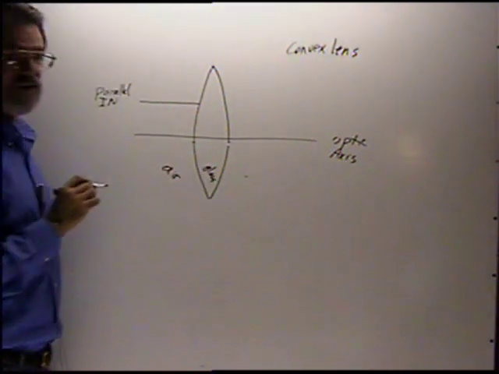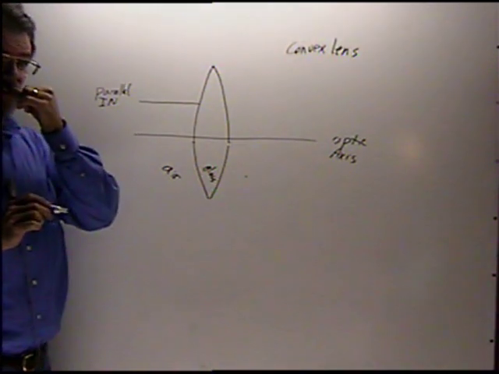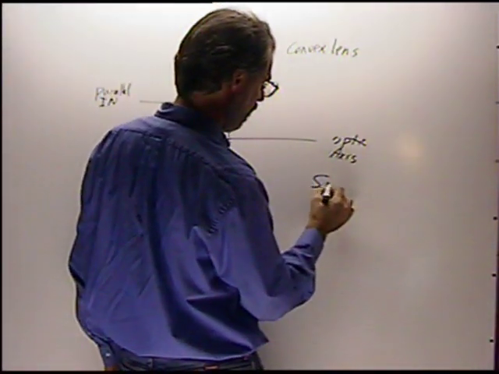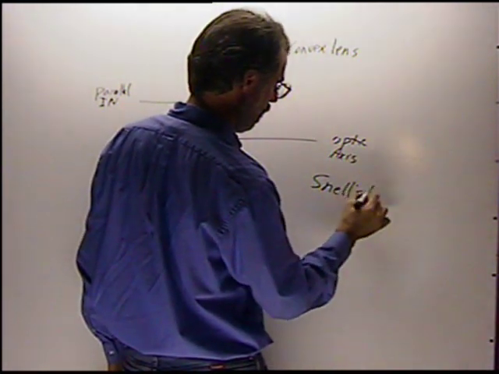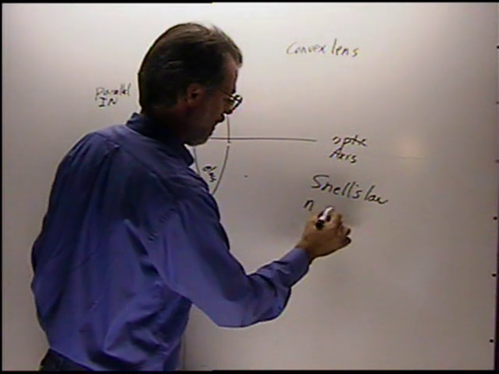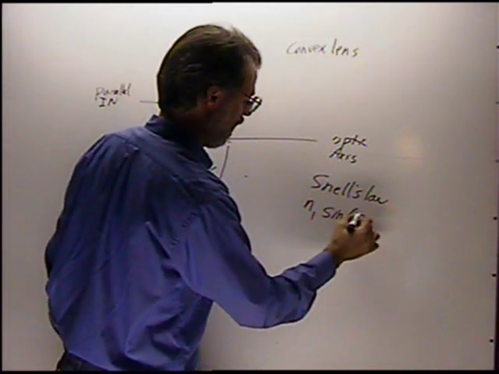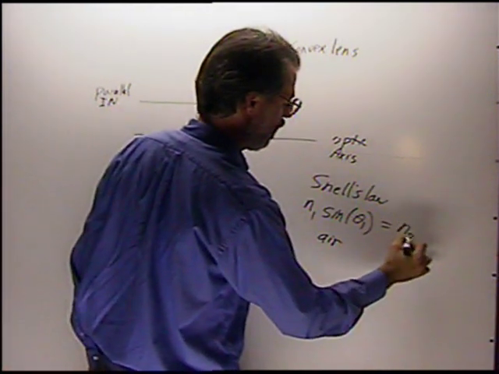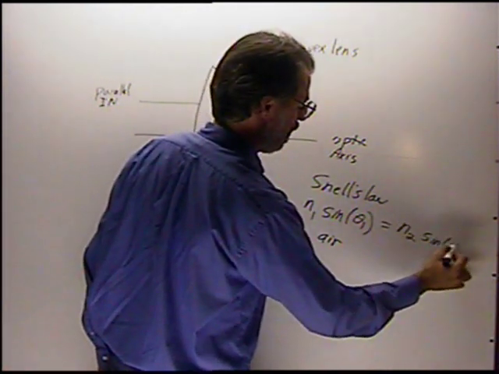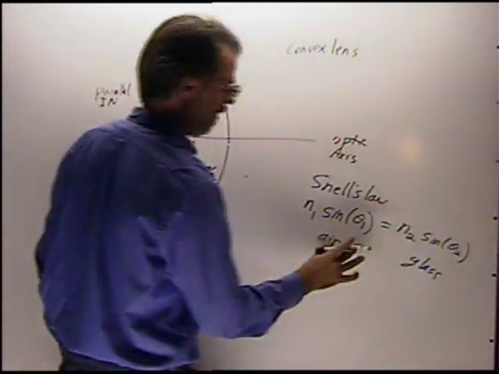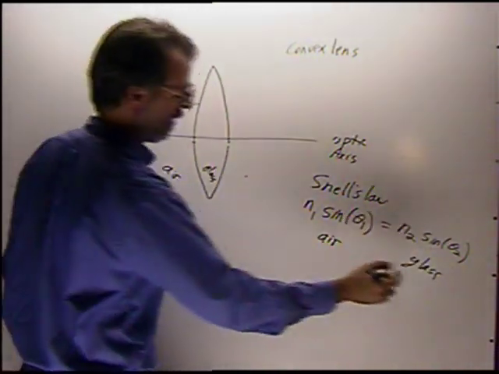We have to apply Snell's law right at that surface. Do you remember Snell's law? N1 times the sine of theta 1, this is the air side, equals N2 sine of theta 2, this is the glass side. Okay, air side, glass side.